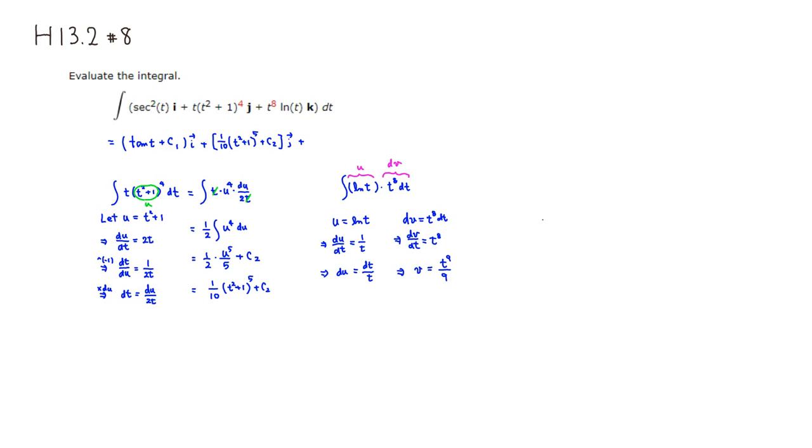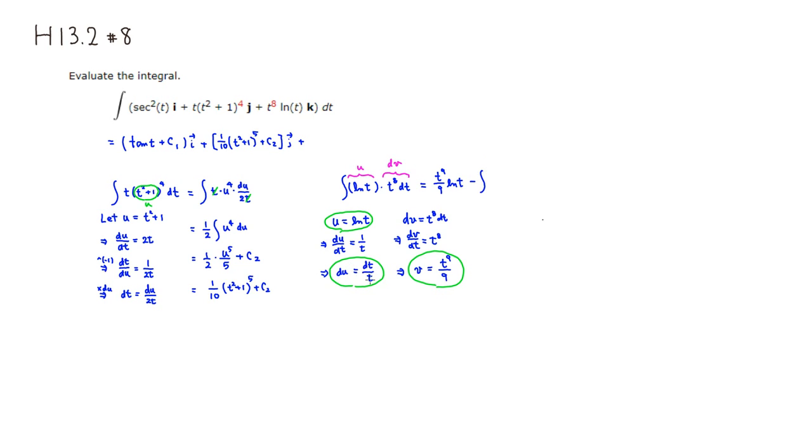Then we need u, du, and v. So for integration by parts, first you have uv, so we multiply t to the 9th over 9 and the natural log of t, minus the integral.